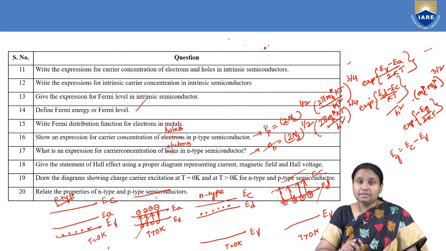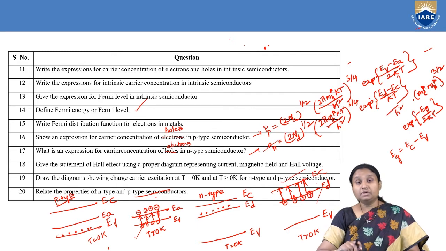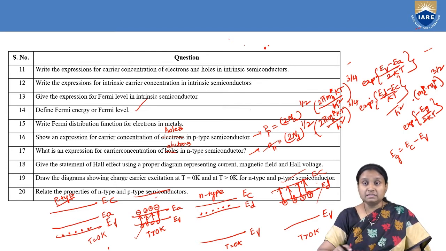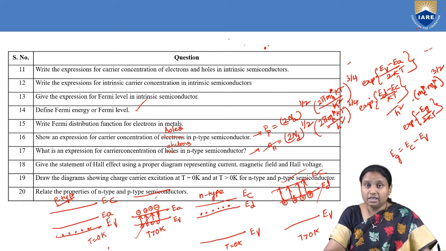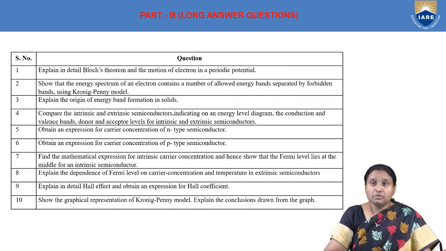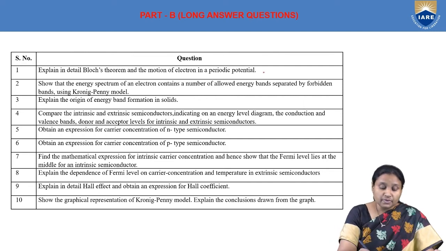In N-type semiconductors, the impurities we add are called donor impurities. And in P-type, they are called acceptor impurities because they are accepting electrons from the valence band of the semiconductor. So we have taken different types of short answers, and next we are going to discuss long answer questions.